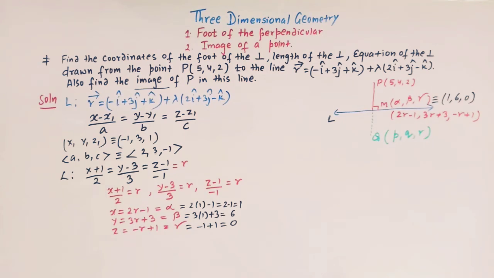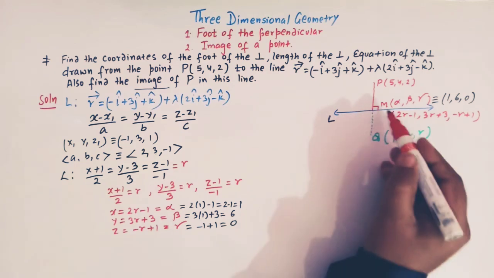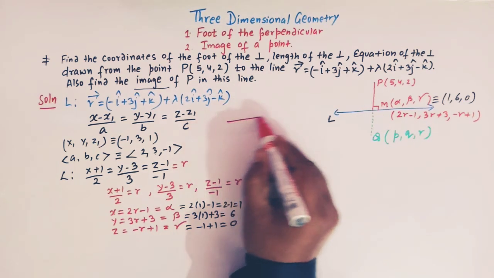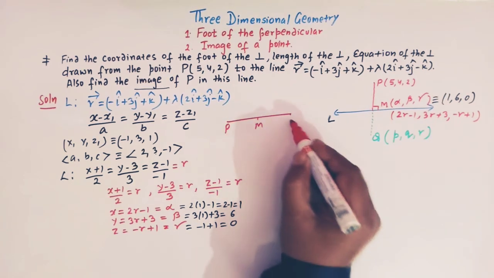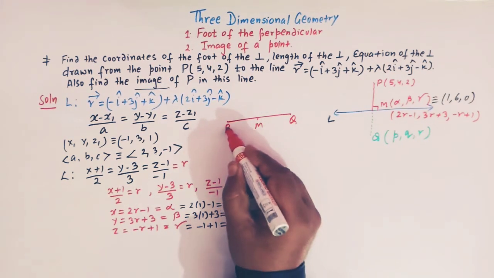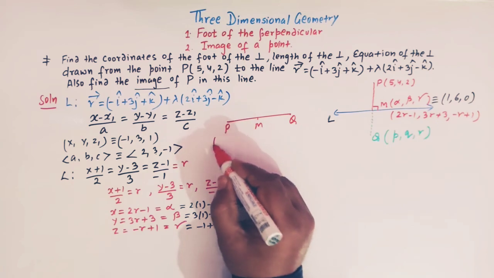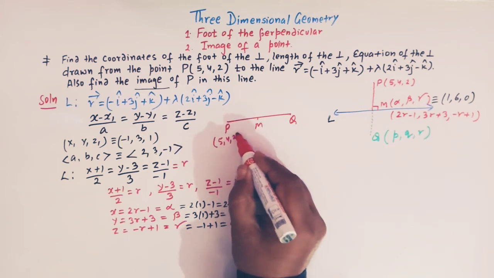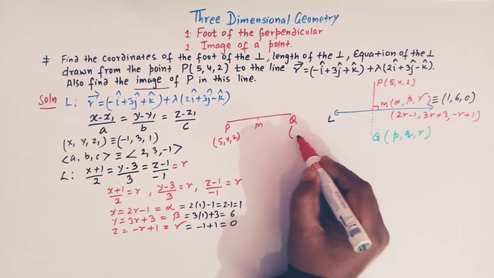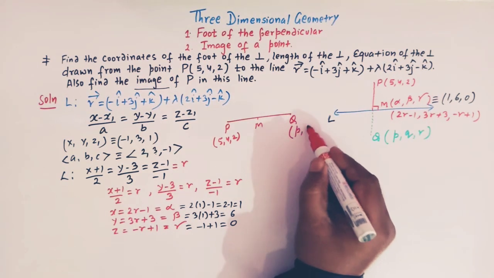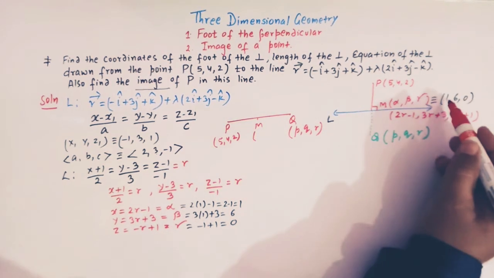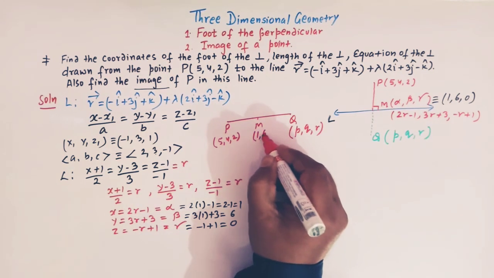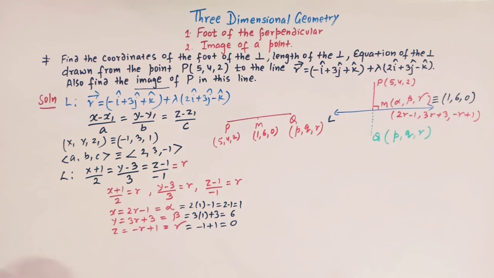So what we will do, see here we have P, then we have M, and then we have Q, right? So the coordinates of P are 5, 4, 2, and Q has coordinates p, q and r, and this point M is 1, 6 and 0, right?